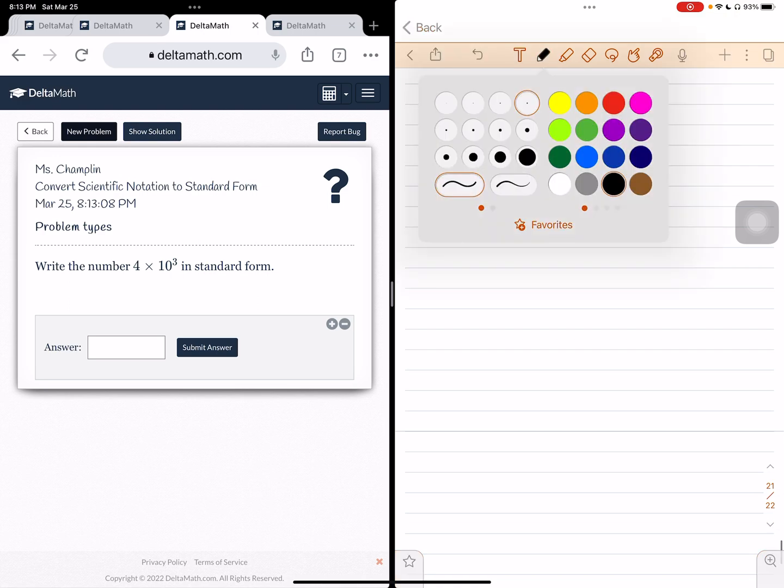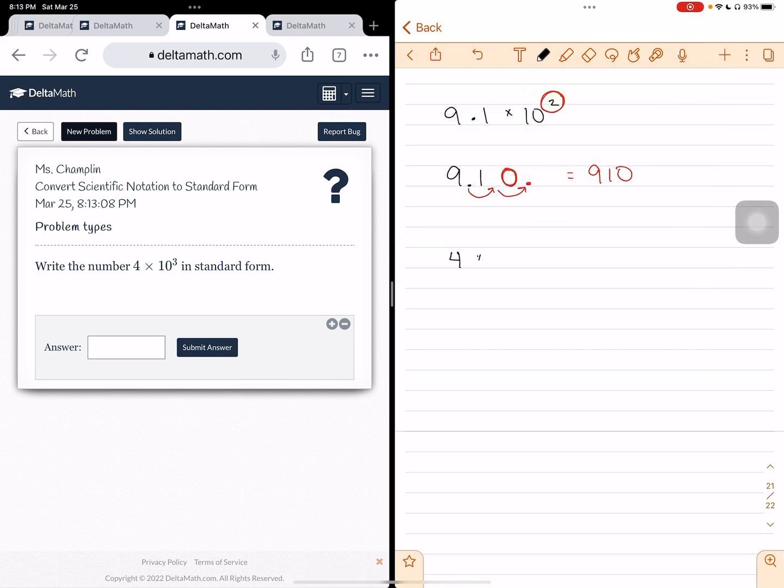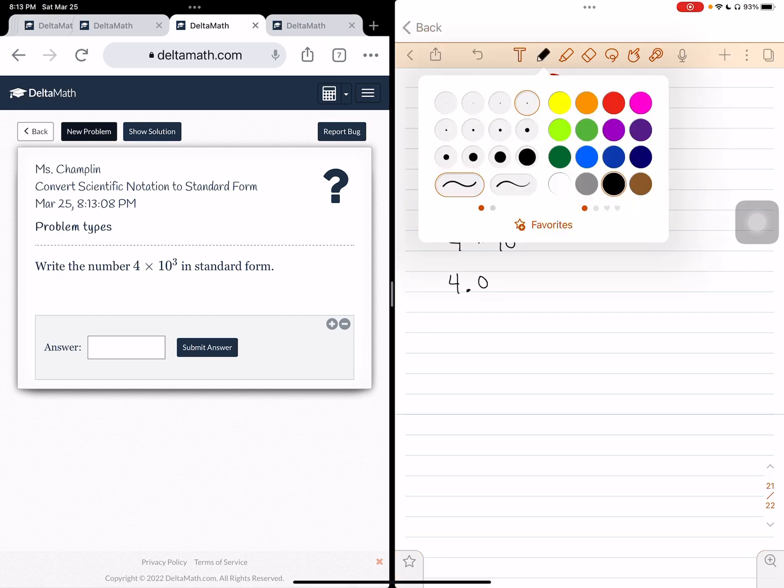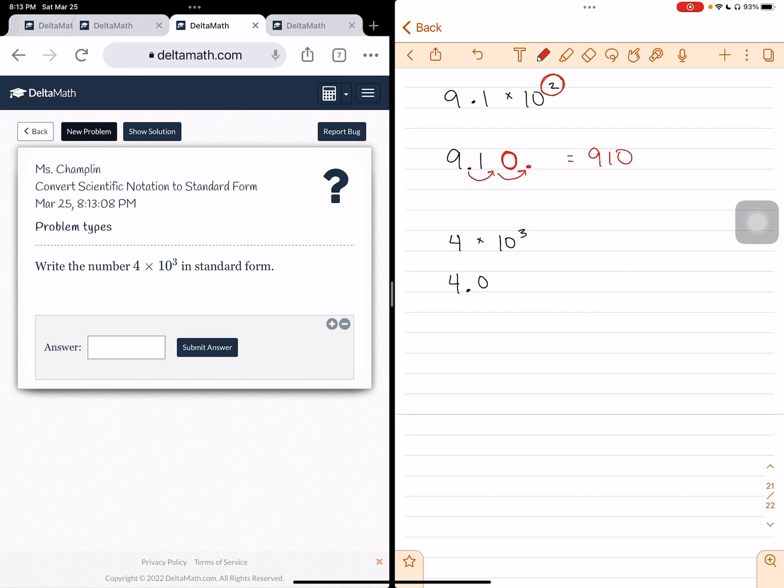So then 4 times 10 to the third power. You guys will see in scientific notation is the only time I use an x for times, just because that's the most common symbol that is used for scientific notation. So 4, anytime you have a whole number, it'd be like 4.0, right? 4.0 is how you can imagine it. So that's where the decimal place value is right after the 4.